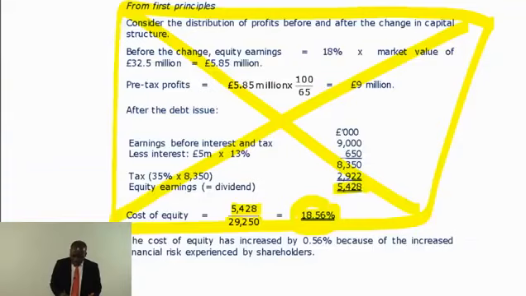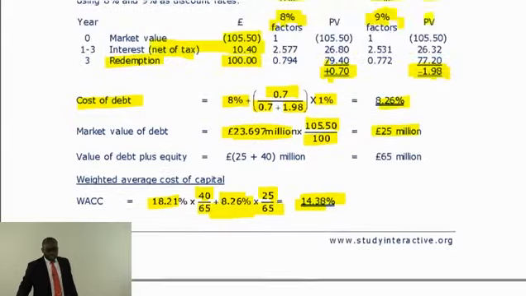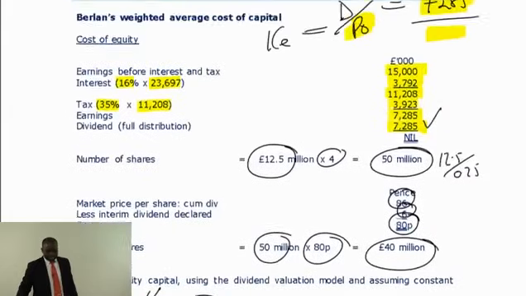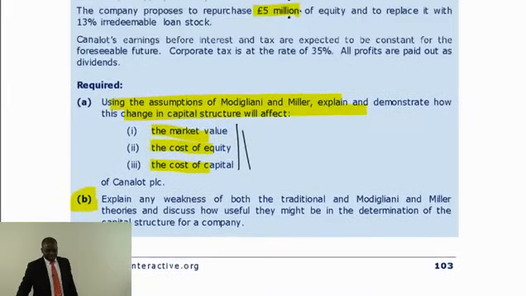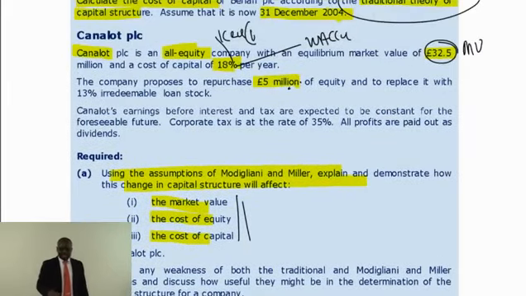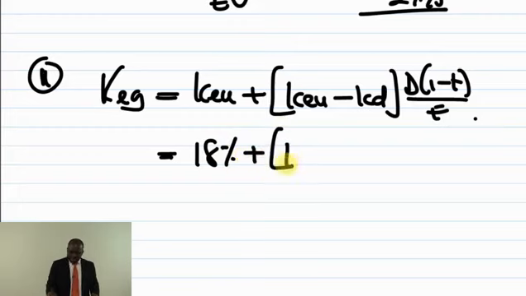According to the question, when we are all equity, which is the current situation, our WACC is 18%. And we all know when you are all equity, your WACC is the same as your cost of equity. Therefore, my cost of equity ungeared is also 18%.